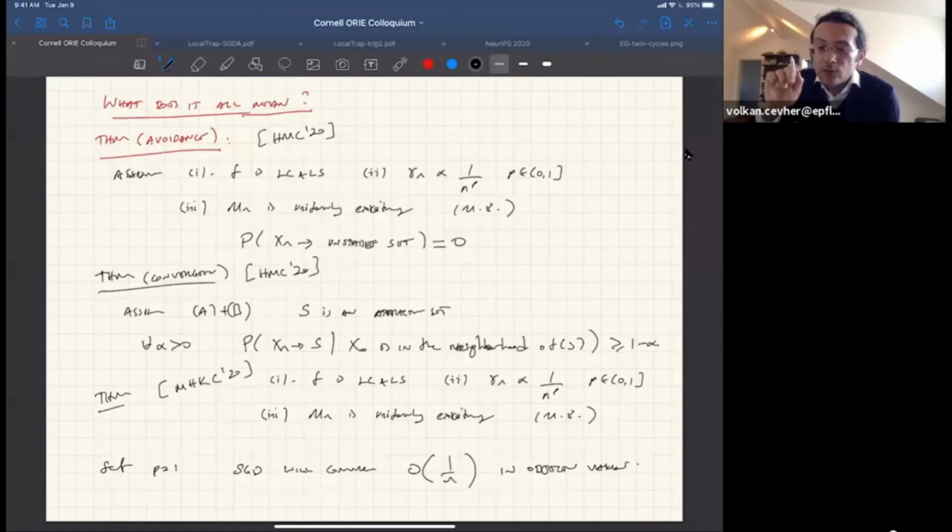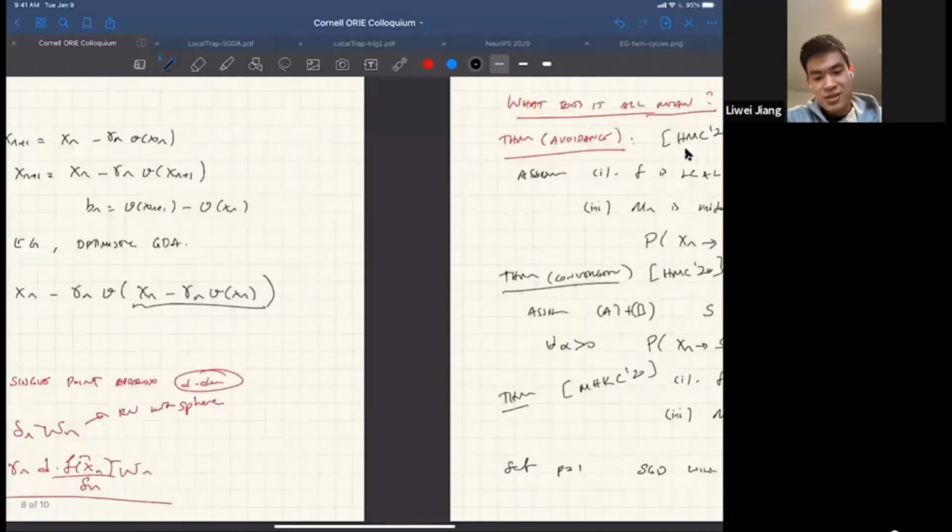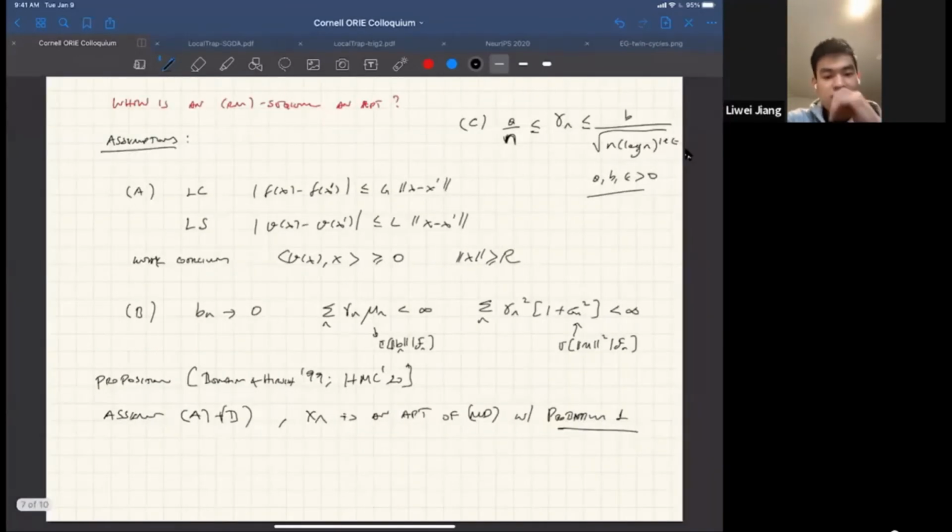The bias term times the step size needs to be summable. So that's the only assumption we need. That is the assumption. Okay, I see. Thank you. No problem.